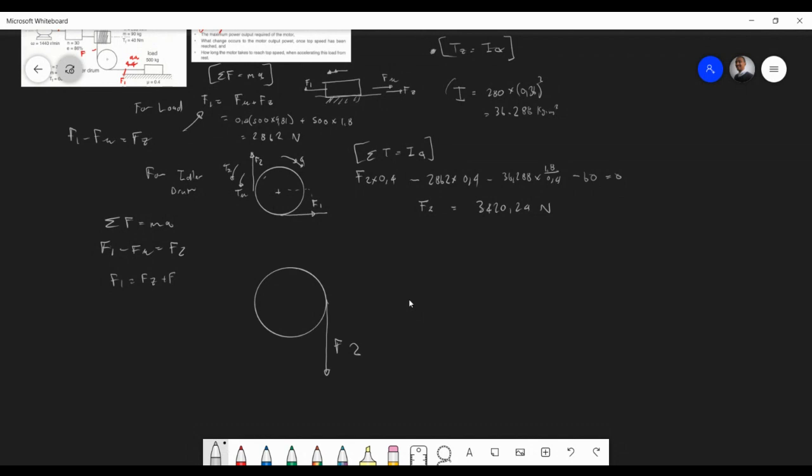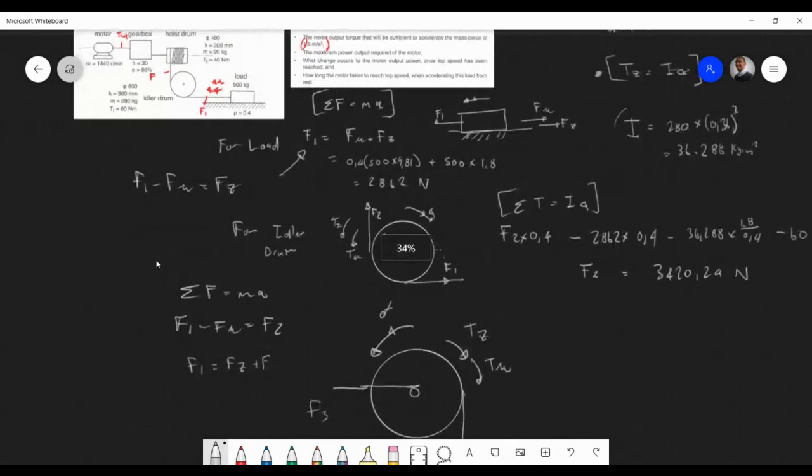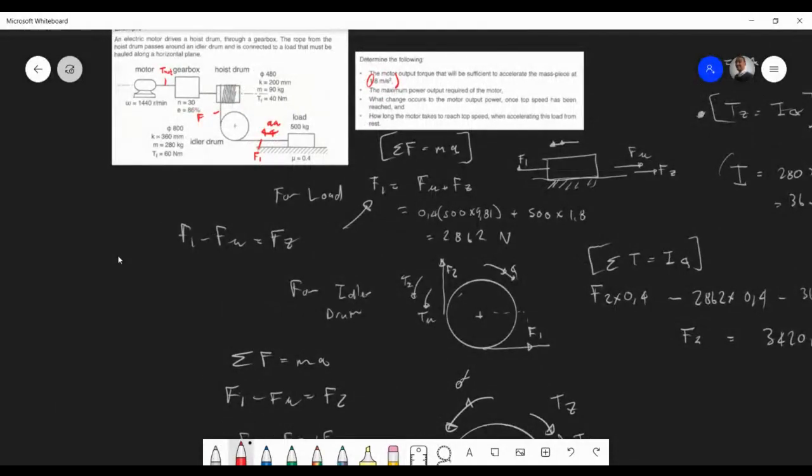That's our F2. And of course, you'd say that it's rotating that way, or accelerating that way, sorry, alpha. And of course, we're going to have our TZ and our T mu on this drum. Then we're going to have F3, which is basically the torque out of the gearbox.